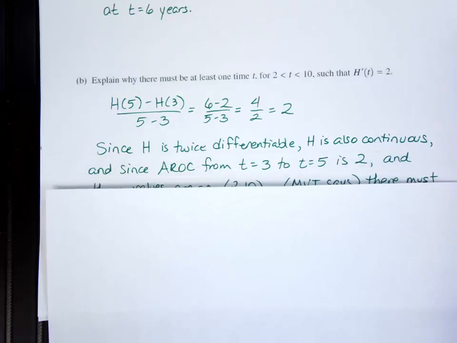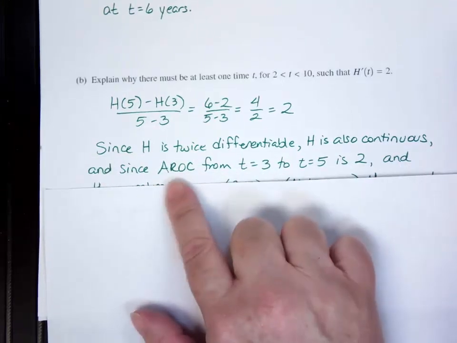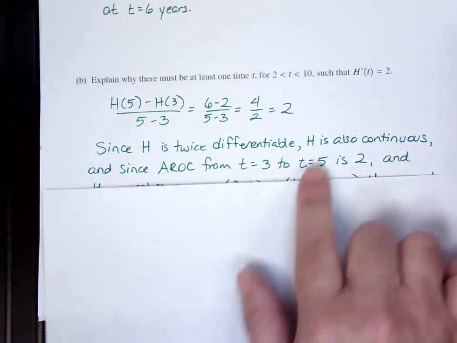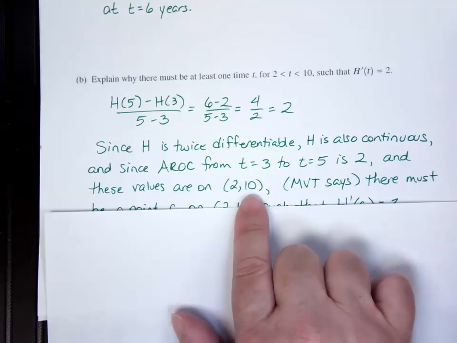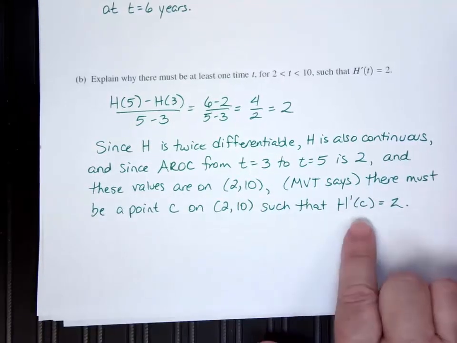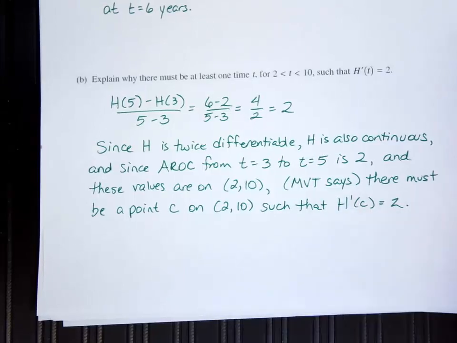And moving on, you must show that the conclusion holds as well. Since AROC from 3 to 5 is 2, and 3 to 5 is on the interval from 2 to 10 that they asked for, MVT says there must be a point c such that h prime of c equals 2. Now notice that I put "MVT says" in parentheses. The graders in years past have said you do not have to give the name of the theorem specifically. If you can state the theorem without giving its name, you can still get full credit.